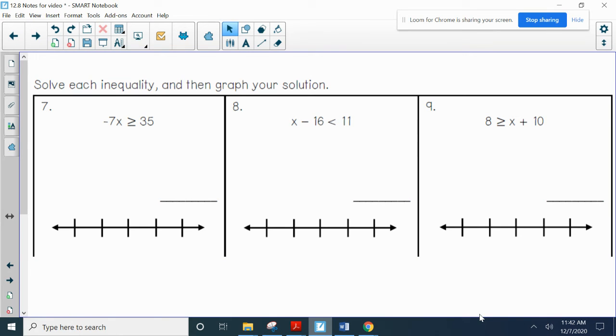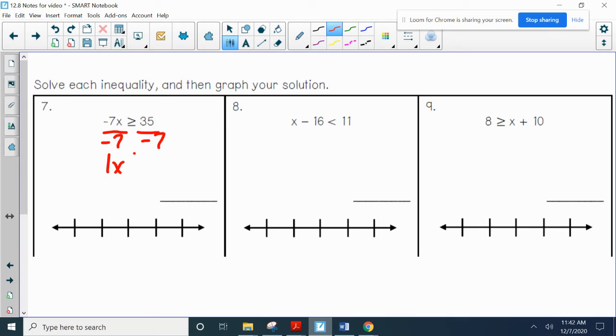All right. So we're going to go ahead now and I'm going to solve these 3 problems. So let's look. We have multiplication. We know to get rid of multiplication, we're going to divide. So we're going to divide both sides by negative 7. Negative 7 divided by negative 7 is just 1. So 1x.